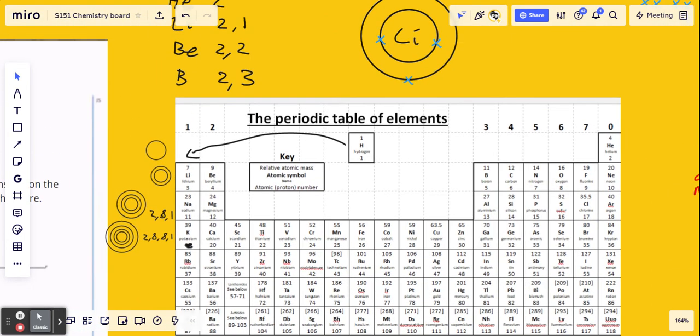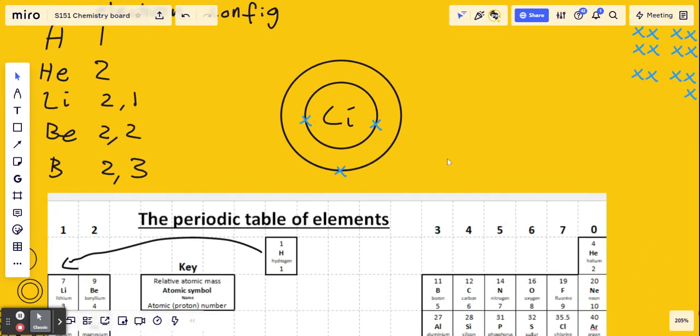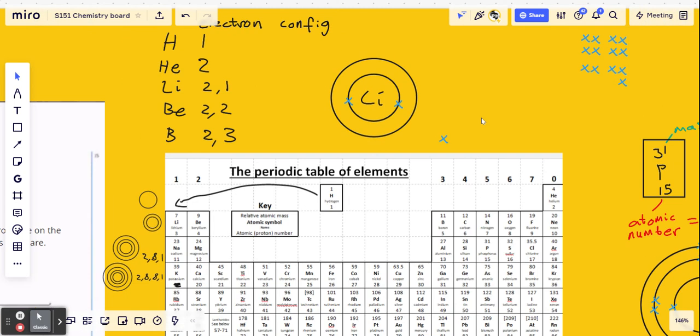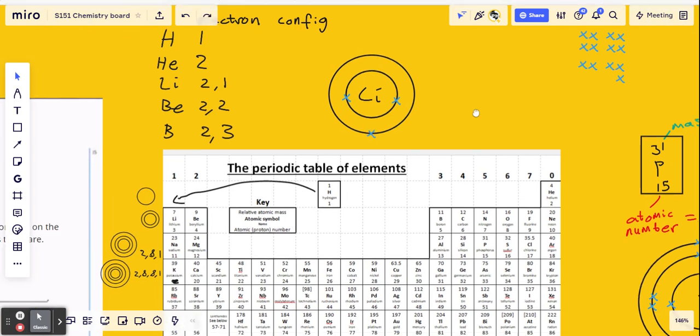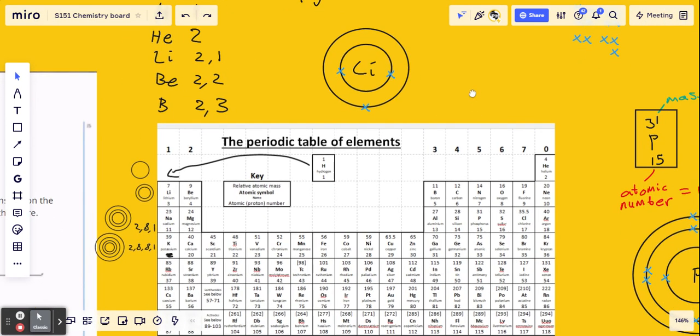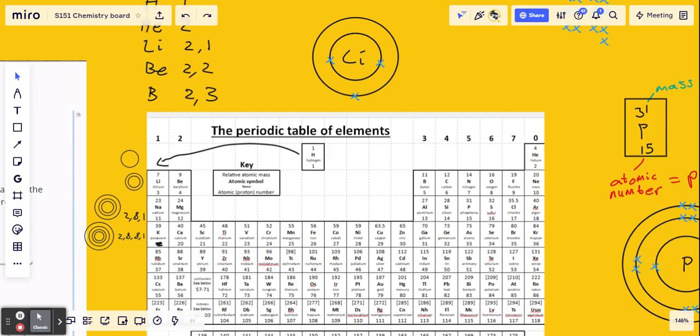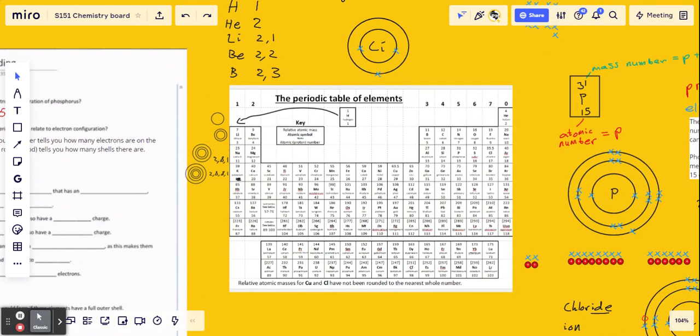So lithium, as you can see up here, if we wanted to make lithium a full outer shell, then rather than giving it 7 more electrons, it's a lot easier for it to take away 1. And this is going to be the case with all metal atoms. In fact, that's kind of the definition of what a metal is. Metals lose electrons when they form ions, and non-metals gain electrons when they form ions.